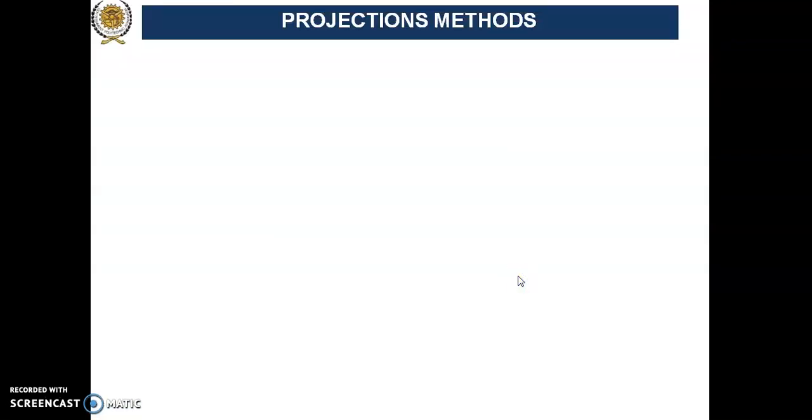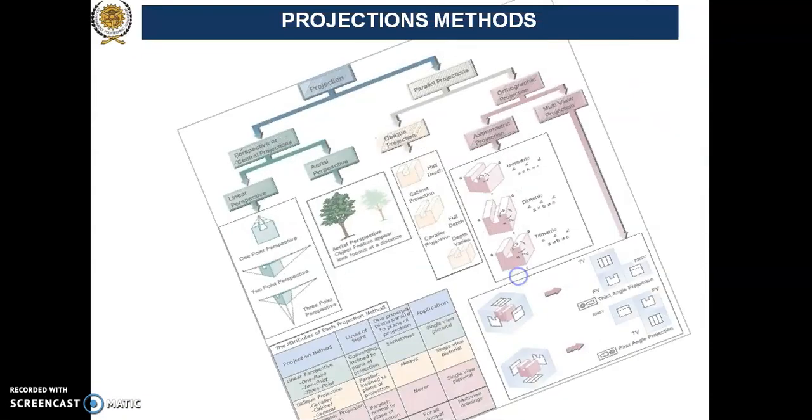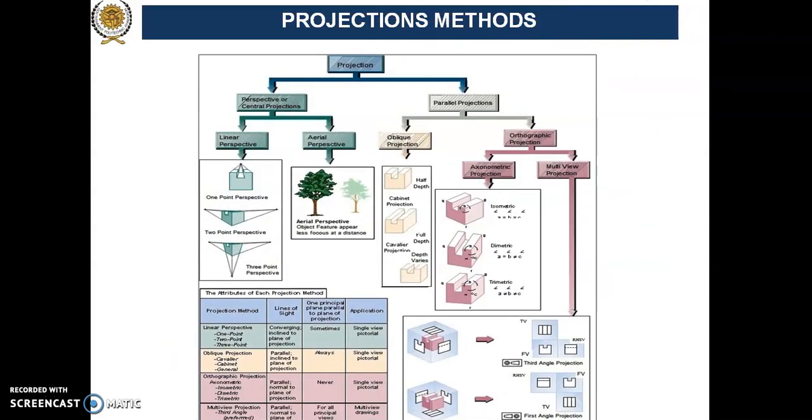Now, let us classify the different projection methods. If the distance from the observer to the object is finite, then the projectors are not parallel and the drawing is classified as a perspective projection.